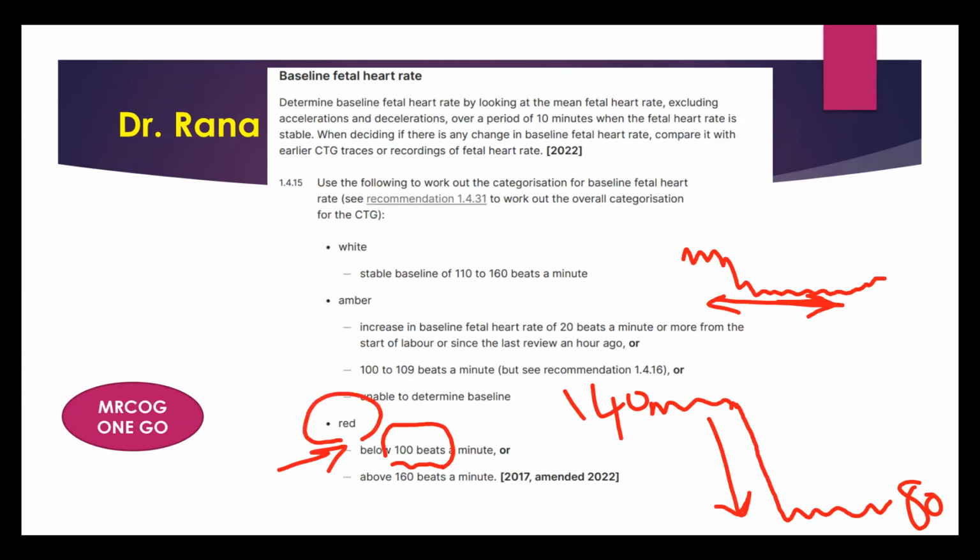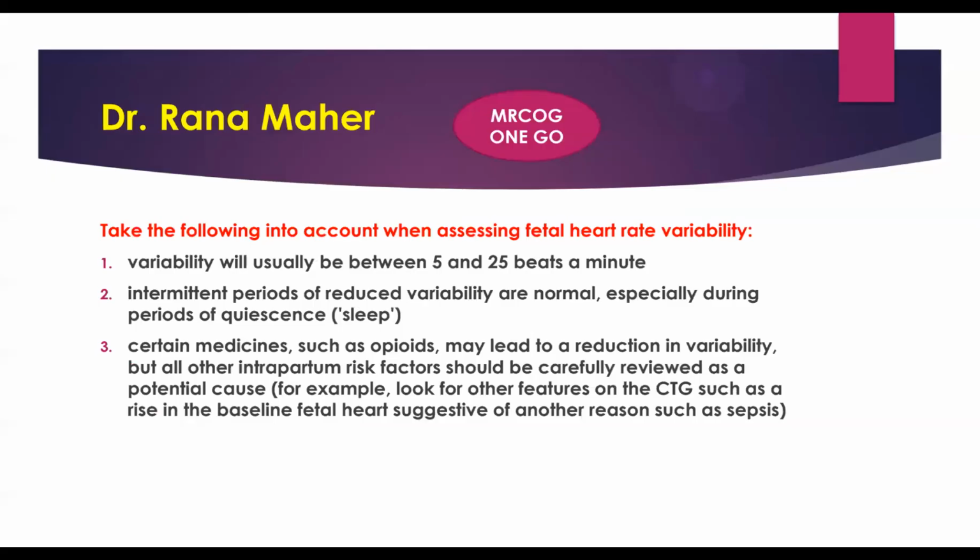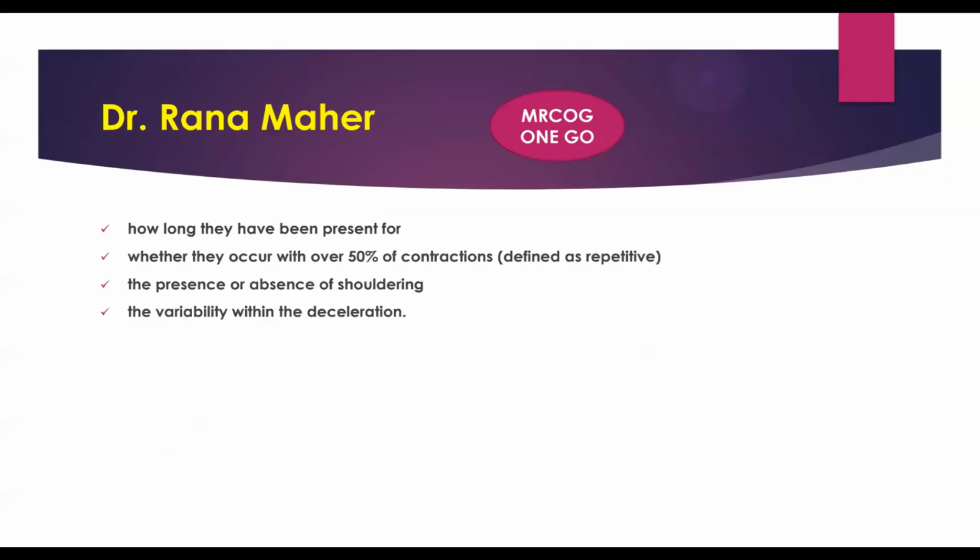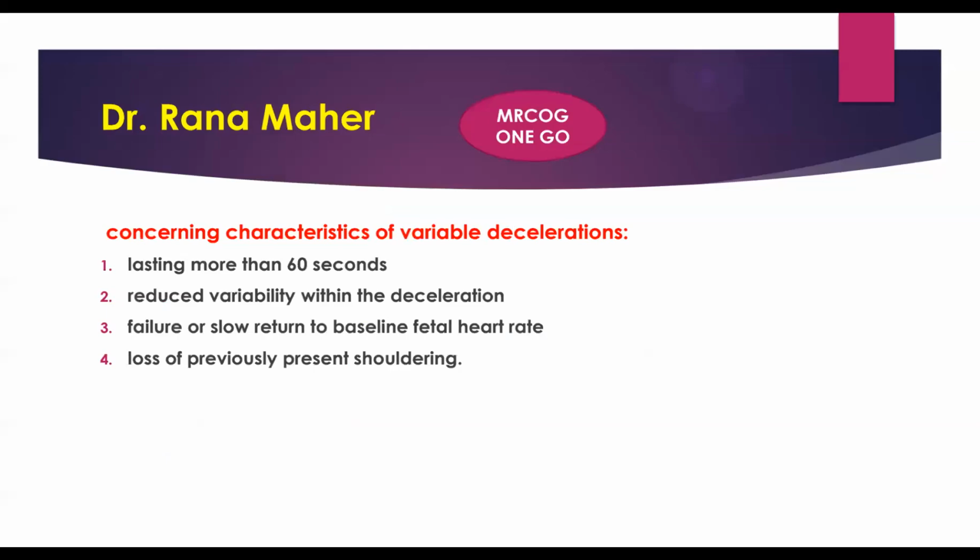So we have here red regarding the basal fetal heart rate. But if we have a sudden drop in the fetal heart rate, more than 60 beats, this was in the old guideline, more than 60, so now I have acute bradycardia. Or to have a deceleration more than 3 minutes. So imagine that if the deceleration lasting more than 60 seconds, this is a concerning characteristic.